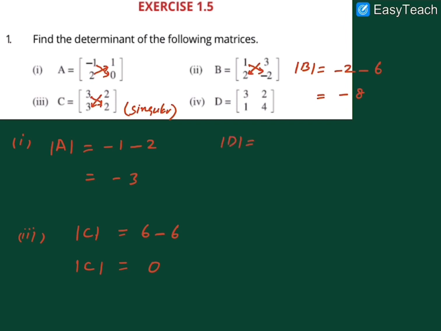D determinant is equal to 4 times 3 is 12, minus 2 times 1 is 2, which is 10. D determinant is not equal to 0, so D is non-singular. They are just asking how to find the determinant, so we found the determinants. If they ask which one is singular or non-singular, you can tell that also.